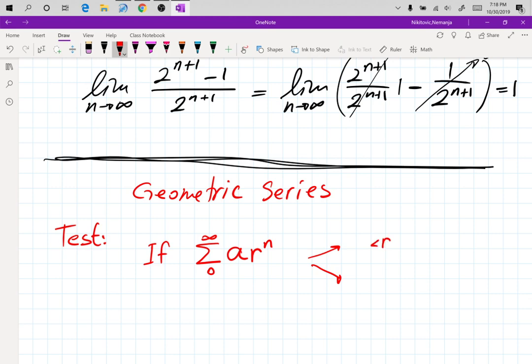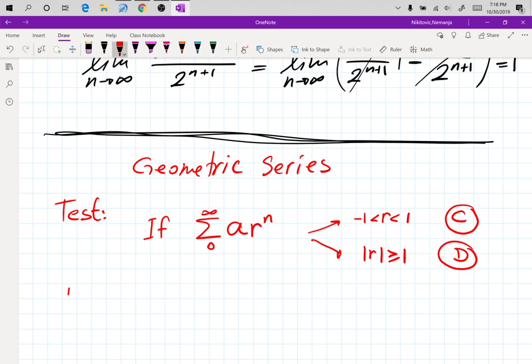R between -1 and 1, we have convergence, and R outside of that, so absolute value of r greater than or equal to 1, divergence. If the series converges, the sum is given by S equals a over 1 minus r.